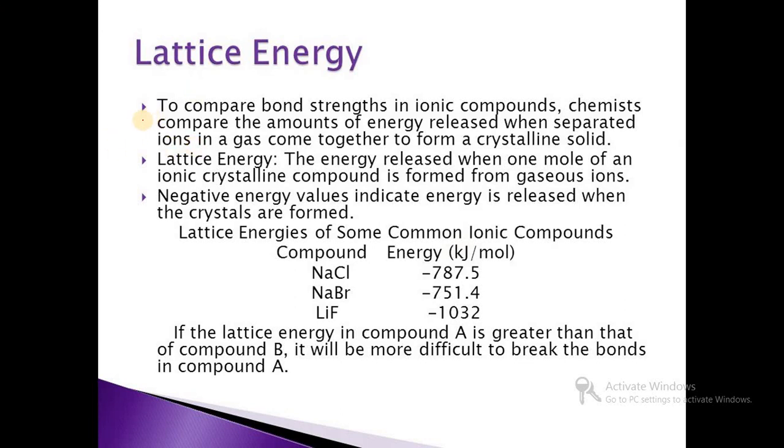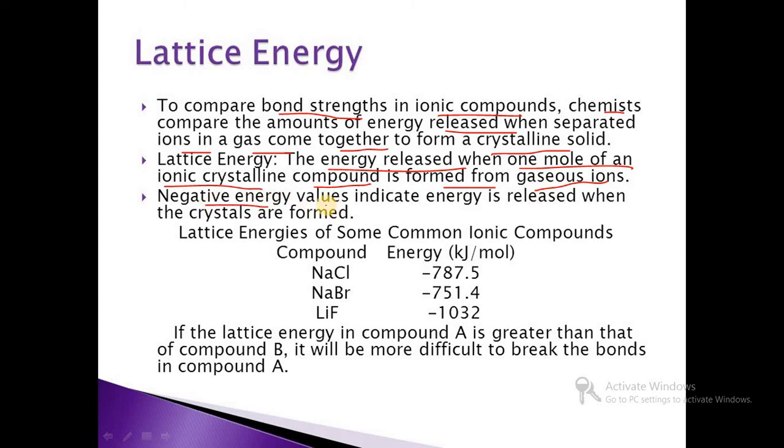So there are some examples of lattice energy, used to compare bond strengths in ionic compounds. Chemists compare the amount of energy released when separated ions in a gas come together to form a crystalline solid. So lattice energy is the energy released when 1 mole of an ionic crystalline compound is formed from gaseous ions.